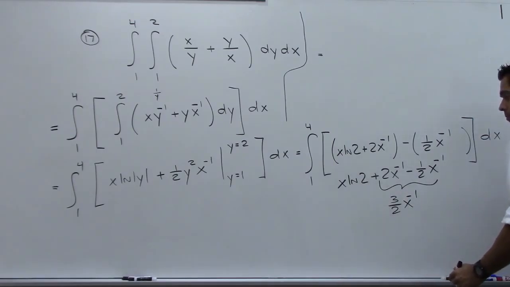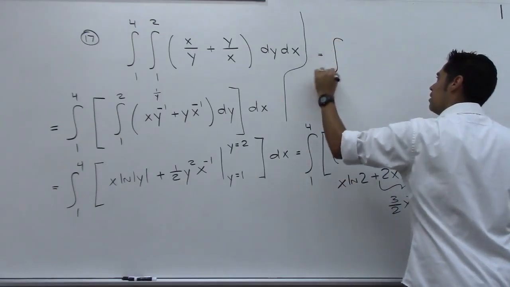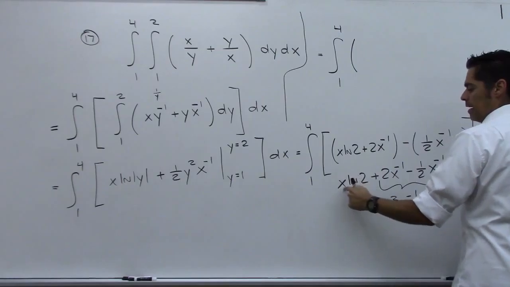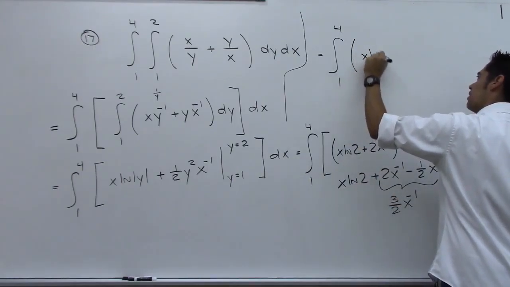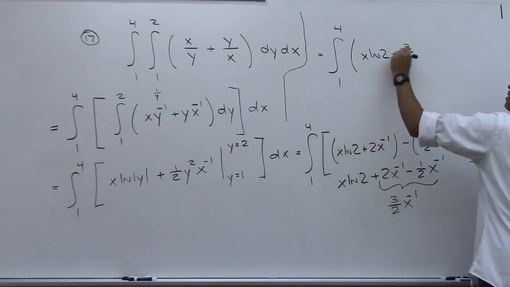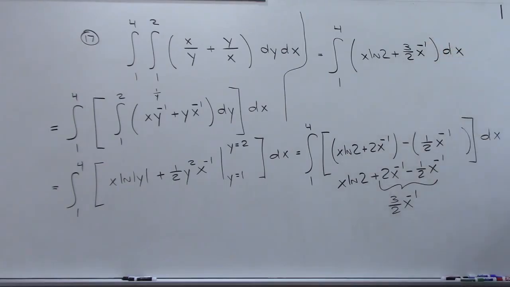So what I'm going to do is integrate from 1 to 4 of x times natural log of 2, I'll just leave it like that, plus 3/2 x to the negative 1. I'm integrating this with respect to x.